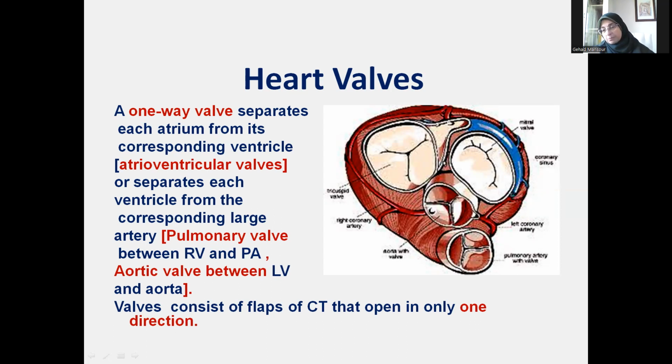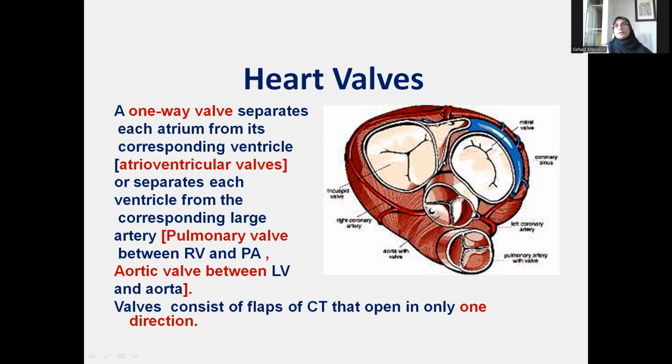What I've said is a bit general, and it needs more details. So you would more correctly say the atrioventricular valves allow the flow of blood from the upper atria to the lower ventricles during ventricular relaxation and prevent the backflow of blood from the ventricles to the atria during ventricular systole. So you have to specify from where to where and during which phase of the cardiac cycle.